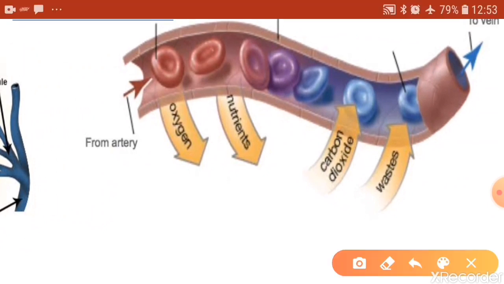So have a look at this picture. As the wall of the capillary is just made up of one layer of cells, this is just one layer of simple squamous epithelium, you find all exchange of material taking place only through the capillary wall.